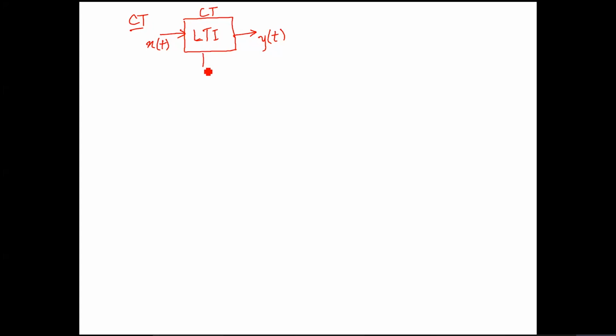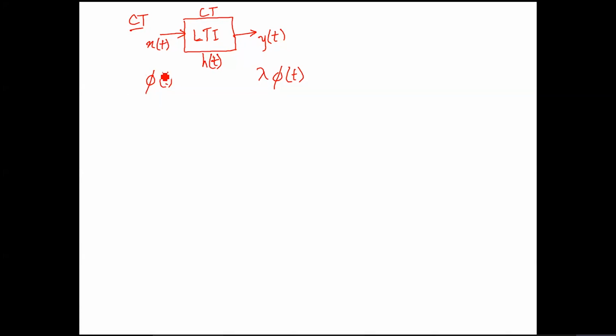So if this is any continuous time system with an impulse response, what the eigenfunction concept says is that if you give an eigenfunction, then the output would be the same eigenfunction multiplied by its eigenvalue. So this is the whole concept of eigenfunction.